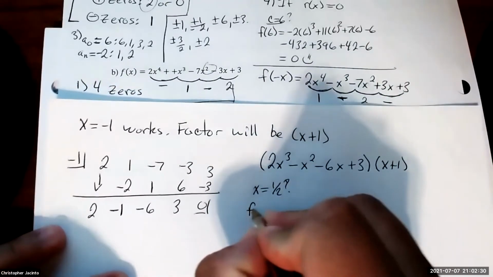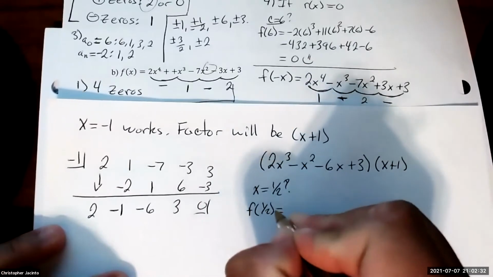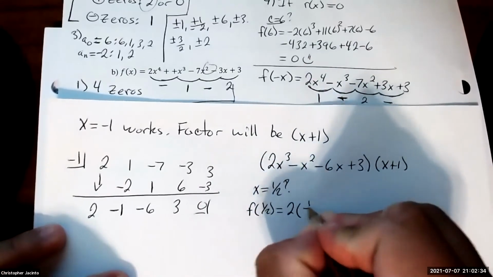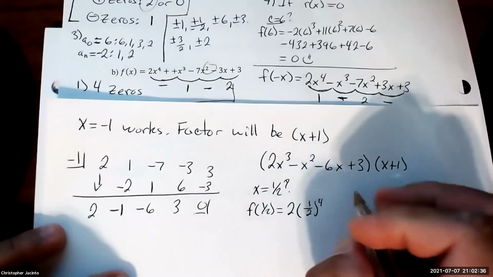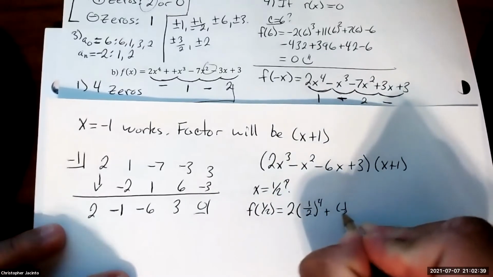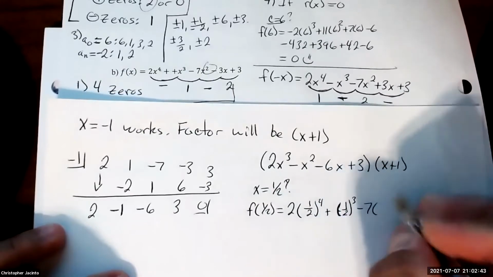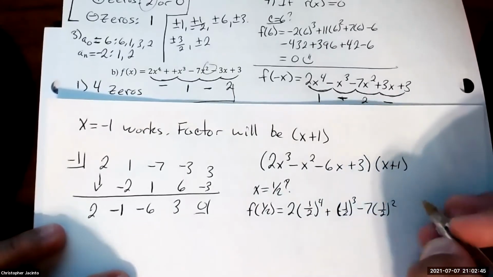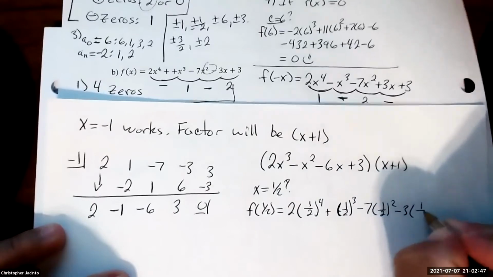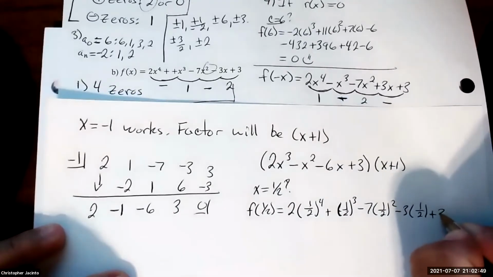So let's see. So f of 1/2 would be 2 times 1/2 to the 4th plus 1/2 to the 3rd minus 7 times 1/2 squared minus 3 times 1/2 plus 3.